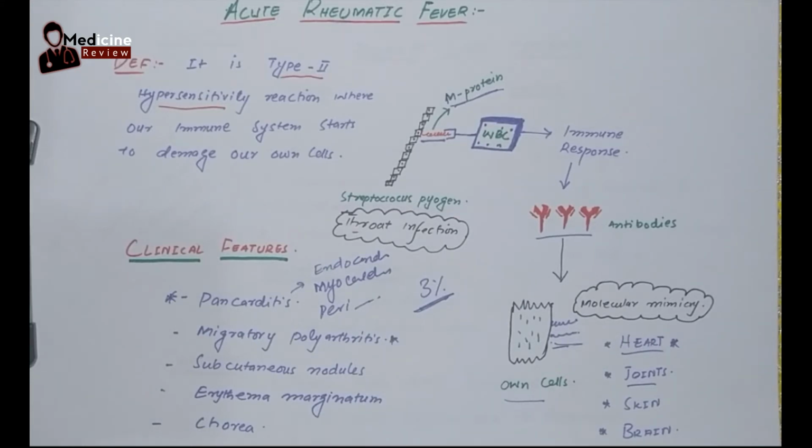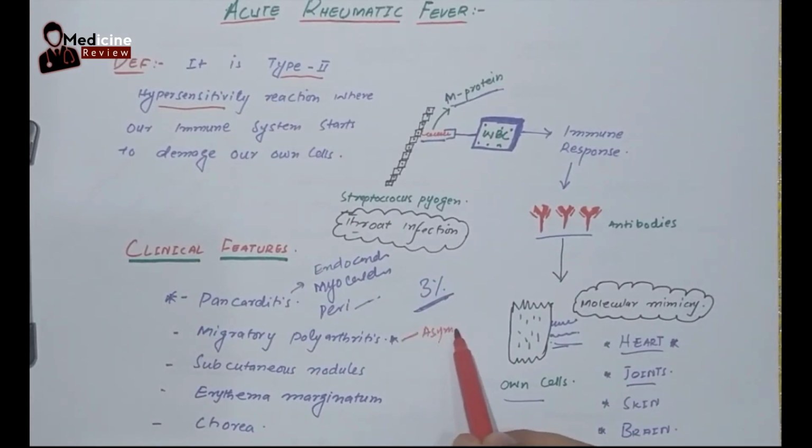First of all, in acute rheumatic fever, the larger joints, the knee joint, the ankle joint, the elbow joint and the shoulder joint, are mostly affected. Another important point is that this arthritis is usually asymmetrical.